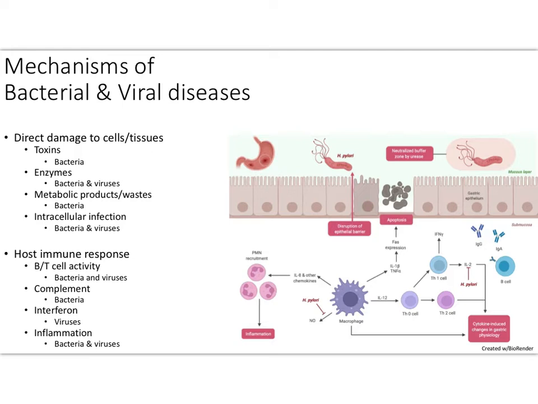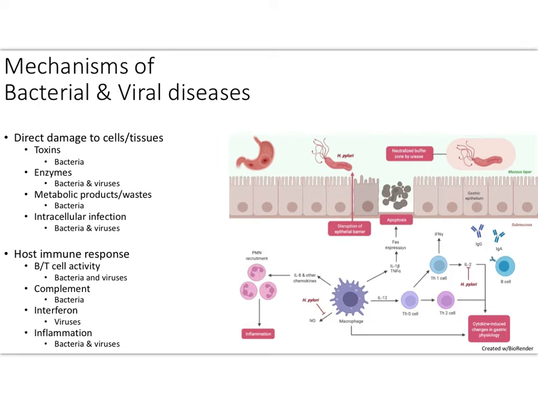And those toxins cause some kind of reaction in our body, whether that is cell death, or they cause us to produce more mucus, or they cause us to produce diarrhea. Whatever it is, this bacteria produces some kind of molecule, and that molecule causes our body to respond in some way or another, and in the process, our cells and tissues are damaged.